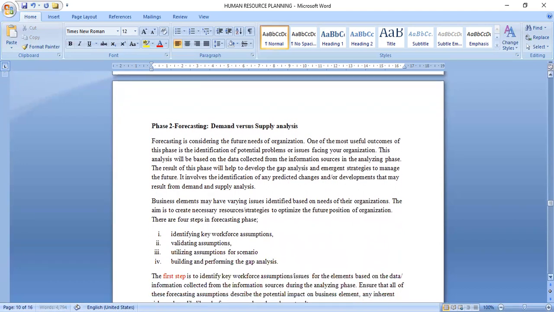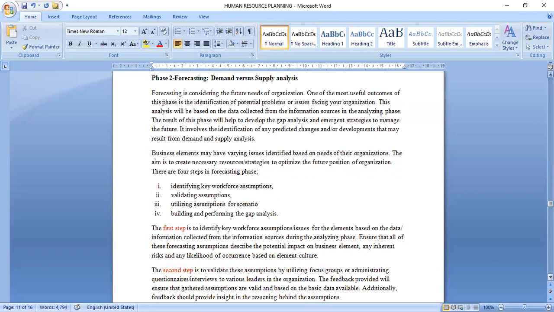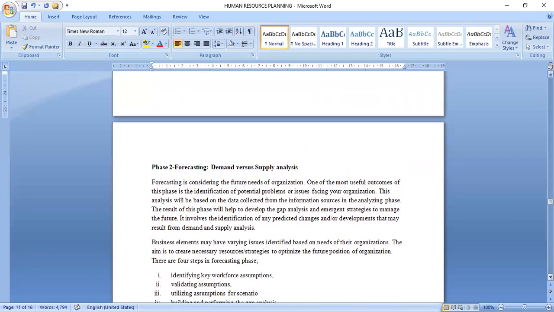Then the second phase of the human resource planning process is what we call forecasting. And the forecasting is basically here we shall be forecasting the demand versus the supply analysis. Remember, with the analyzing, we are basically looking at the factors. We are collecting information on the demand, and we are also collecting information on the supply of labor, right?